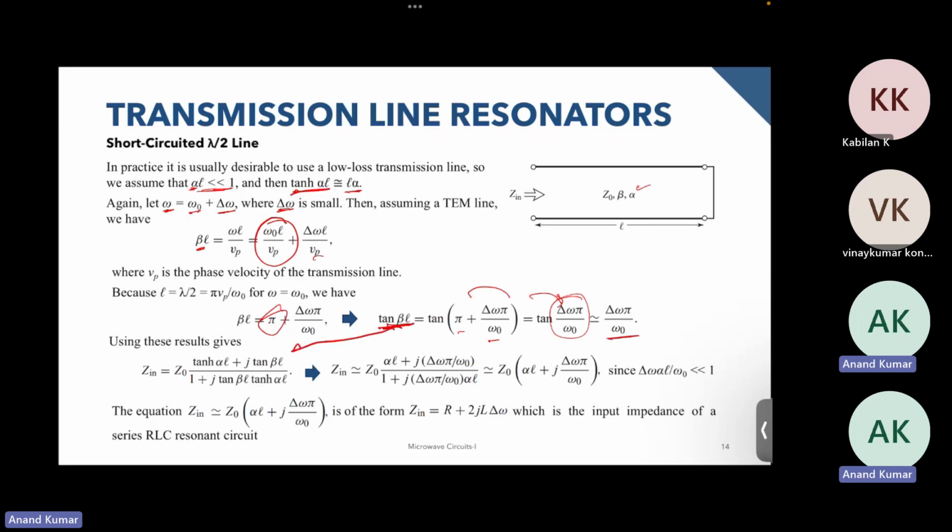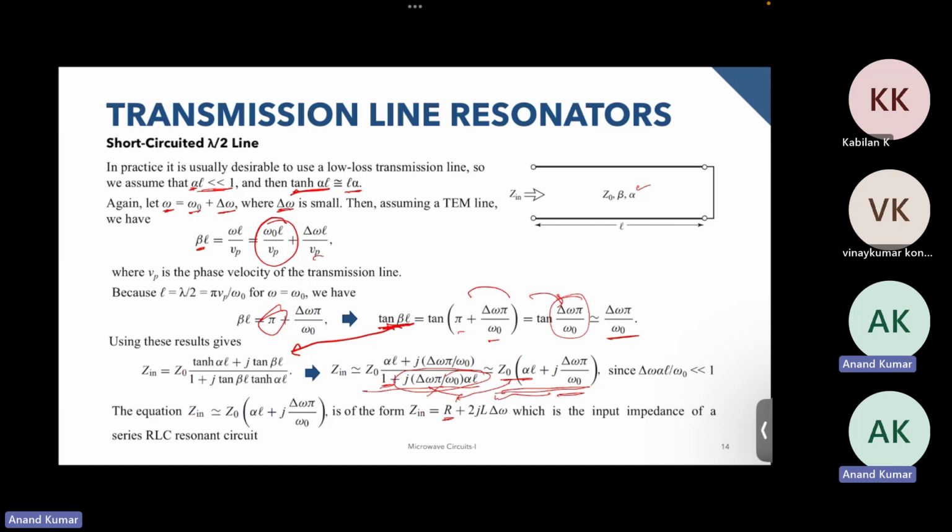Now we have evaluated tanh alpha L and tan beta L. We just substitute them over here, and this is what we get. Since this particular term is much smaller than one, we can ignore it, and this is the Z input expression. If you compare, this real term is the same as R, and this imaginary term is similar to this term over here.